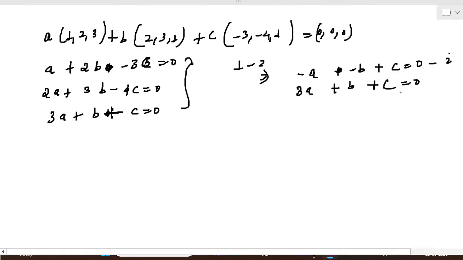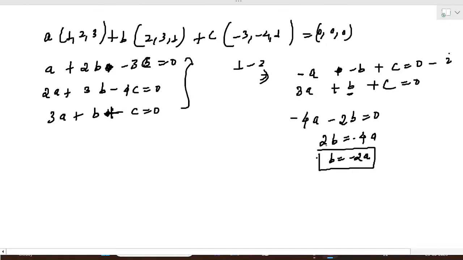If I subtract them, I'll get minus 4a minus 2b equal to 0. It implies 2b is equal to minus 4a, so b is equal to minus 2a. If I write b equal to minus 2a here, I'm going to get a plus c equal to 0, it implies a is equal to minus c.